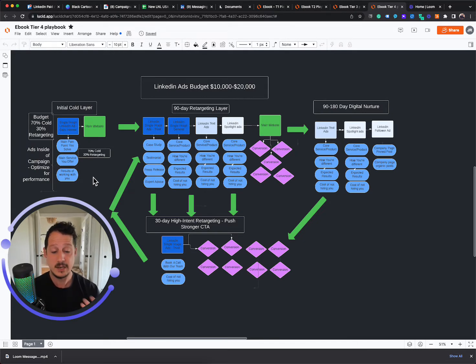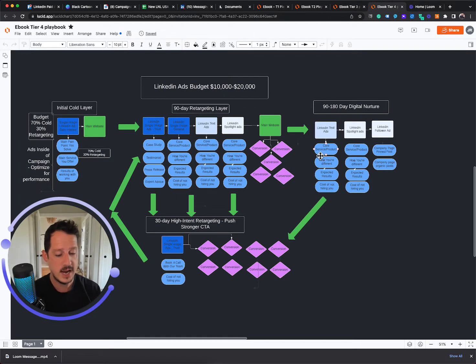In our case, we run 1 or 2 creatives in this cold layer, and then we run dozens of retargeting layers in order to stay in front of that target audience to build trust and credibility with our prospects and ultimately convert. This has not changed throughout all of our campaigns, from tier 3 to tier 4. So this is the same retargeting campaign as the previous one.